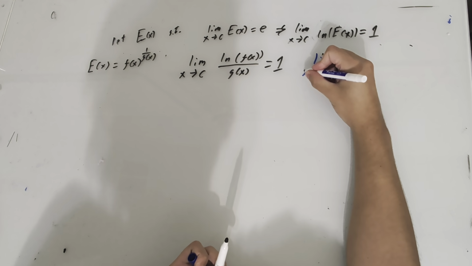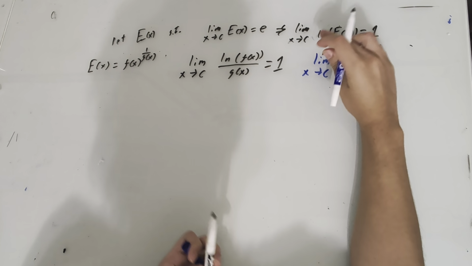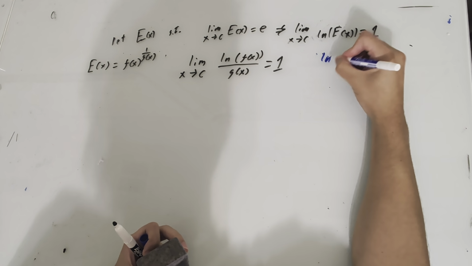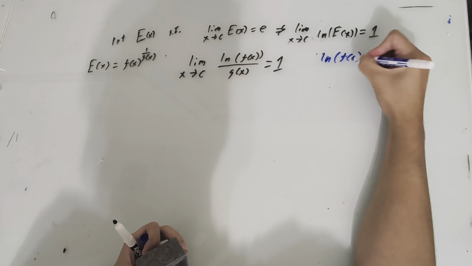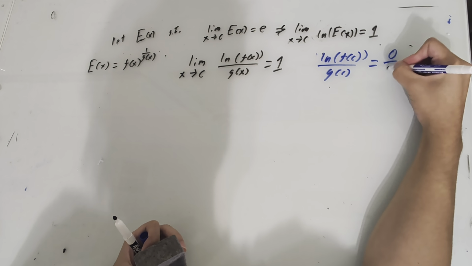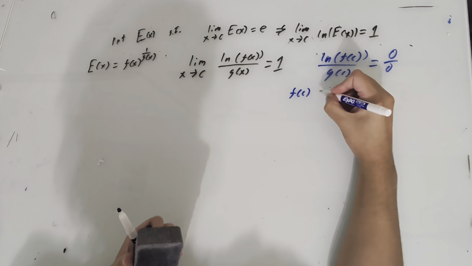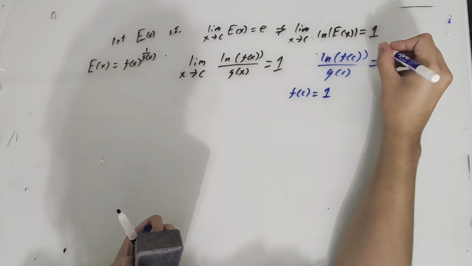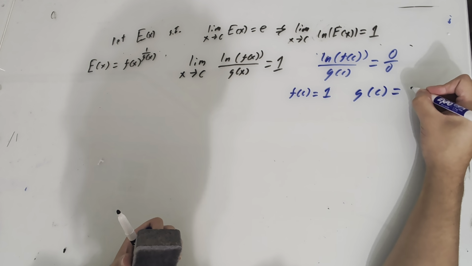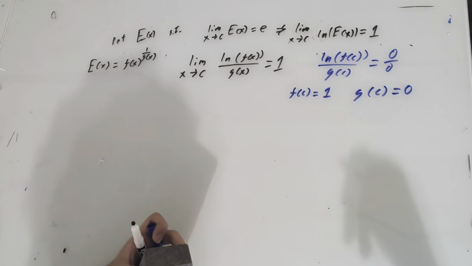So the limit as x approaches c of the natural logarithm of f of c over g of c equals 0 over 0. We can simplify this to f of c being equal to 1, so the top part is equal to 0, and g of c equals 0. So if these two are followed, then our form is indeterminate.